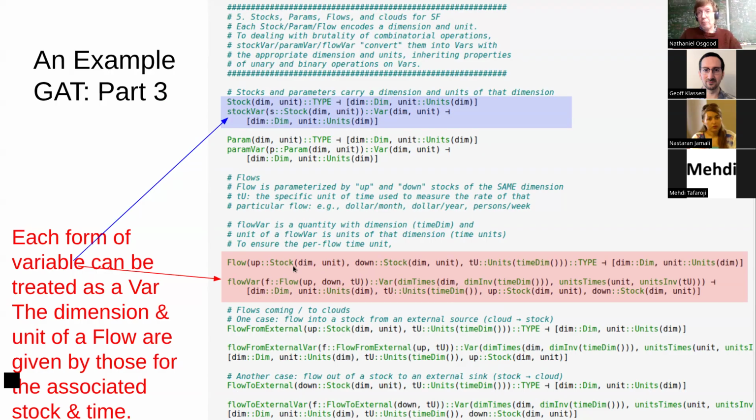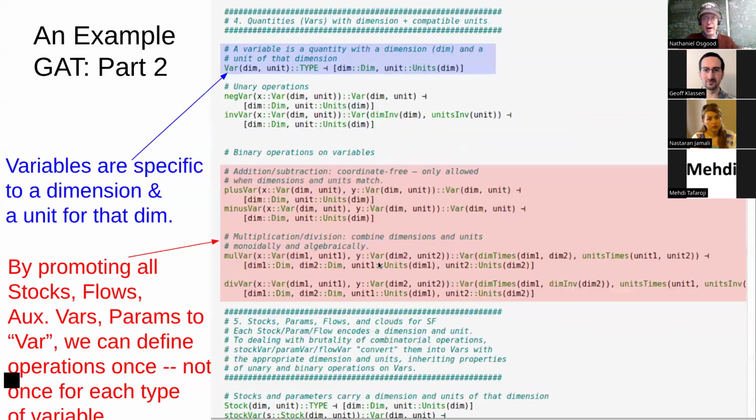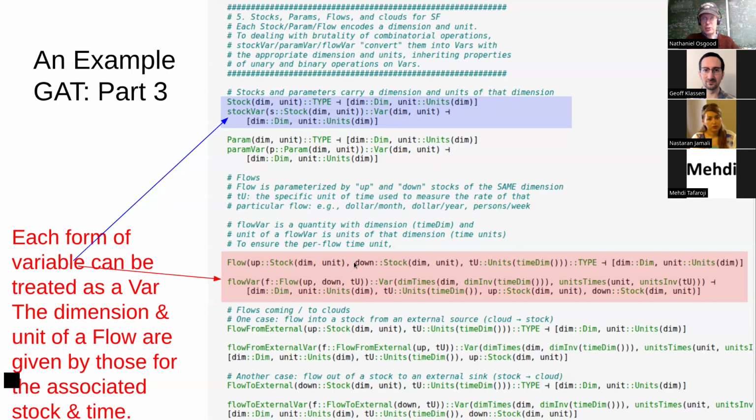But check this out for flows. This is like virtuosity. If we have a flow, and it comes from an upstream stock to a downstream stock, those stocks have to have comparable dimensions and units.